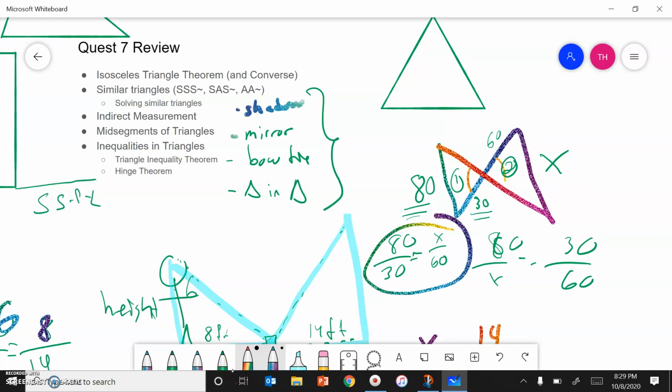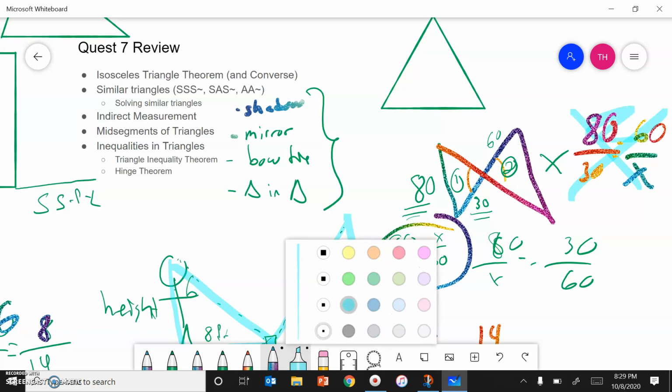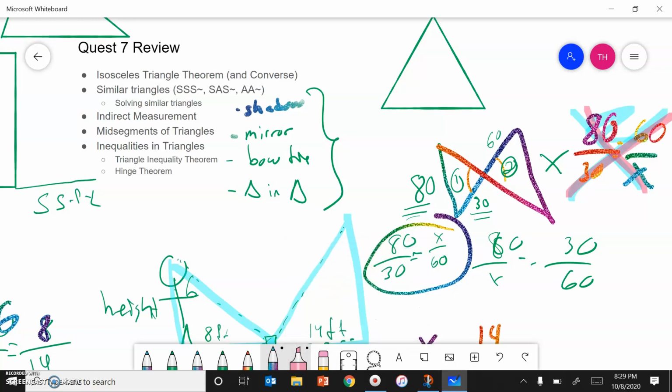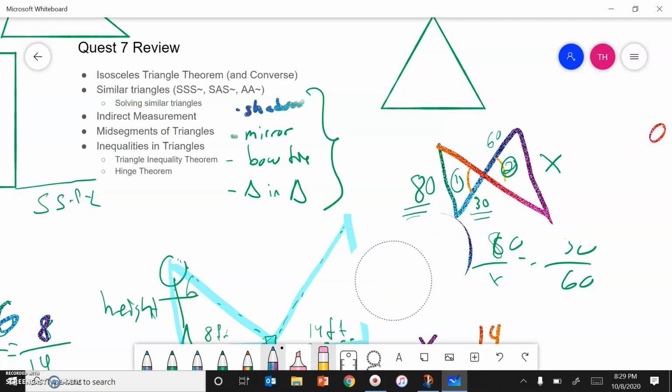Now, this is written correctly, but what I see a lot of students do is, okay, 80 over 30, so then that equals 60 over x. Now, that one is not right. That's why I don't want you to get in the habit of doing that.